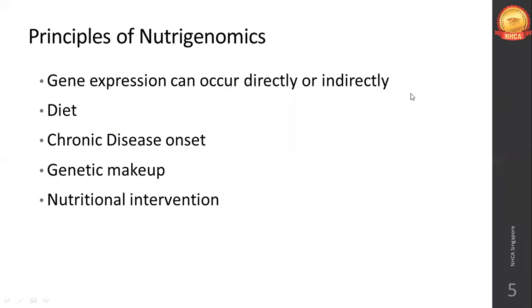Next, coming to principles of nutrigenomics. Gene expression can occur directly or indirectly. Usually, whatever food you eat undergoes metabolism. When the food is undergoing metabolism, there are going to be byproducts. Any chemical reaction you take, there will be some byproducts.